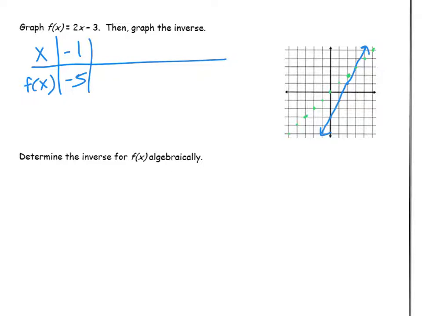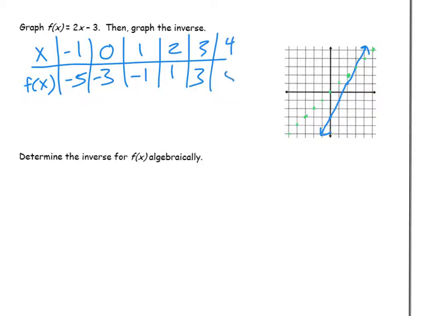So -1, -5, that was on there. 0, -3. 1, -1. 2, 1. 3, 3, and then way up at the top, I plotted the point 4, 5.